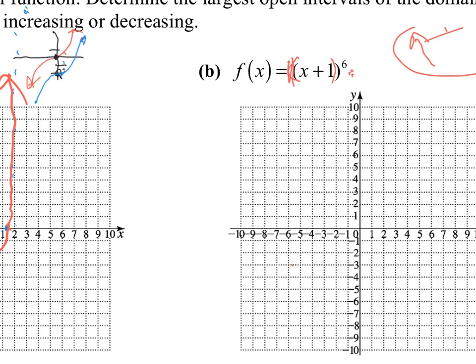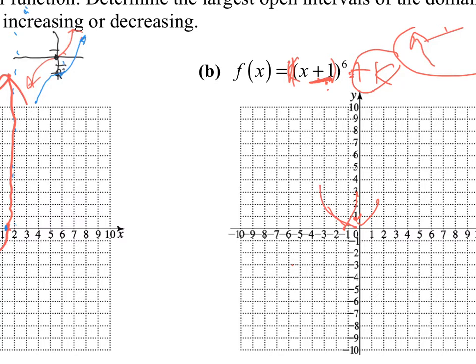It does not shift up or down because there's no K. But there's a number inside. Plus 1. The normal going up would look something like this. But this has a plus 1, means to the left 1. So this thing is going to shift to the left somehow.